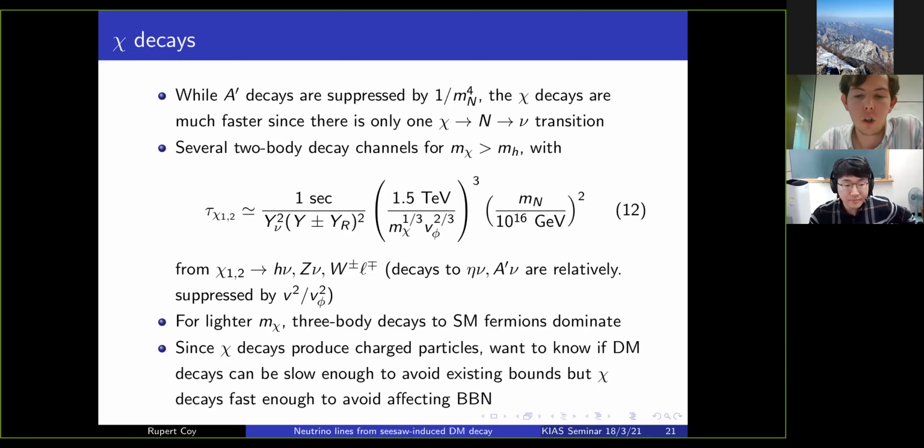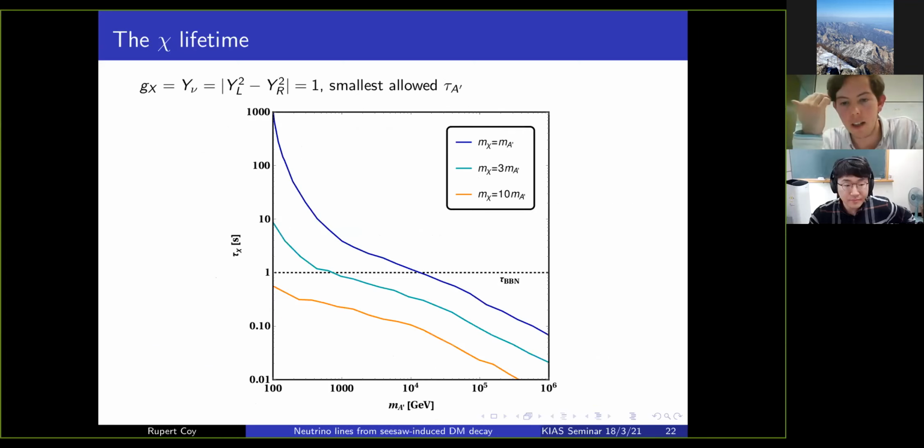So you could easily worry that if you want to make Mn large enough that the A prime decay avoids all constraints, then you could worry if the chi decay is quick enough to happen before BBN and stop it from messing everything up there. And the answer is that happily you can. And this is a plot to demonstrate that fact. So again, we set couplings to 1.